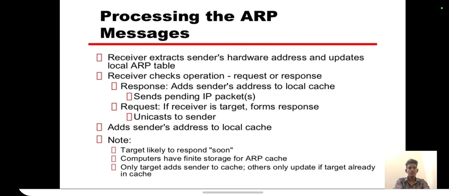The receiver checks the operation, request or response. For a response, it adds the sender's address to the local cache and sends pending IP packets. For a request, if the receiver is the target, it forms a response, unicasts it to the sender, and adds the sender's address to the local cache.